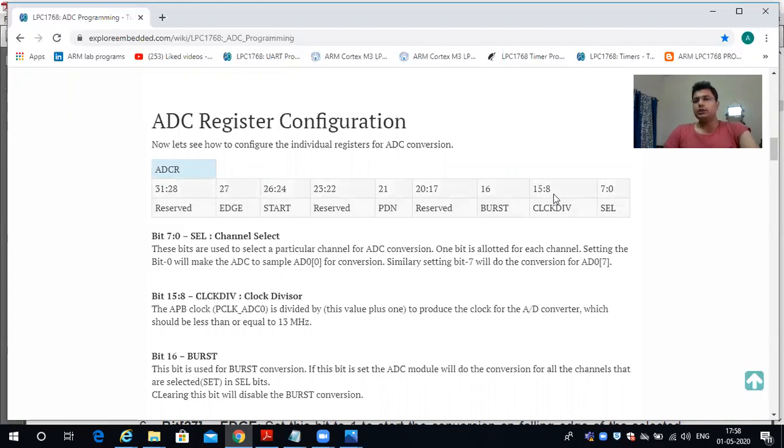Then bits 8 to 15 are for clock division. This is in relation with the peripheral clock. Already we have seen the selection of the peripheral clock in relation with the core clock using the PCLK select 0 register, where the 24th and 25th bits were the deciding factor for the relation between the peripheral clock and the core clock.